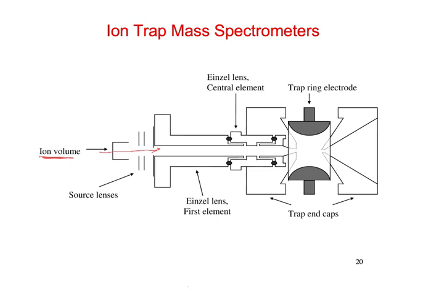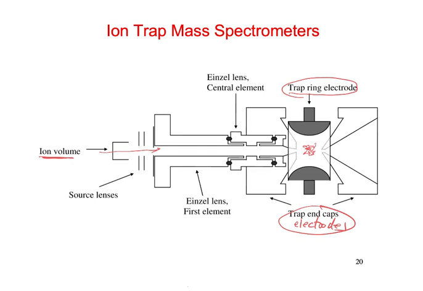There's this electrode in the middle, which is actually a ring, like a donut. And then you have these electrodes that cap the ends. So there's 3 different electrodes. And like the name implies, they can trap ions inside here.